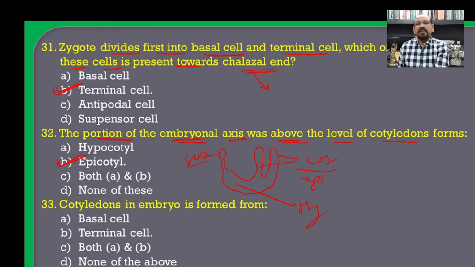So the epicotyl is present above the level of the cotyledon. Then the cotyledons in the embryo are formed from, if you see the basal cell and the terminal cell, the basal cell is involved in the formation of the suspensor, and the terminal cell is involved in the formation of the cotyledons, and hence B is the correct answer for this question.